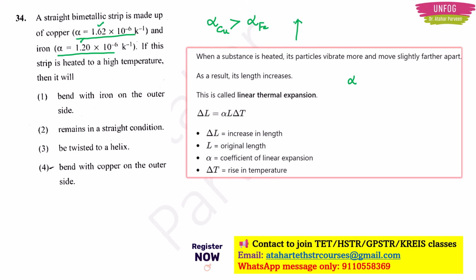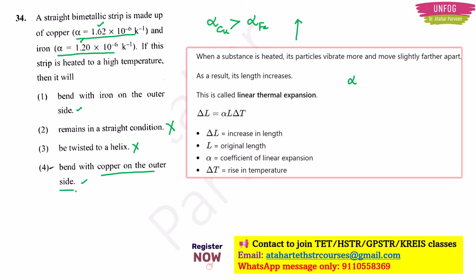The length of the copper will increase more when you compare with the iron, right? So if you see the options, bend with iron on the outer side, that bimetallic strip they are telling remains in a straight condition, this is not possible. Be twisted to helix, this is also not possible. Bend with copper on the outer side. You have to choose between option 1 and option 4 now. Because the thermal expansion is more for copper, the copper will be on the outer side.